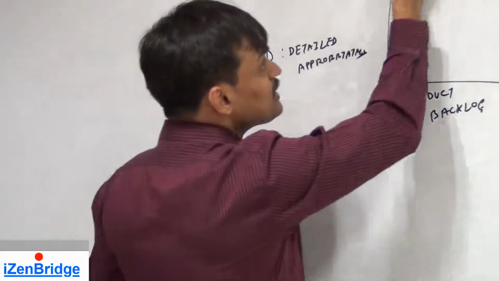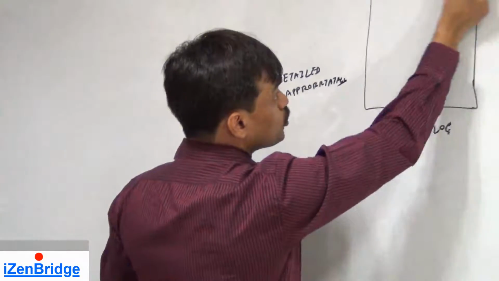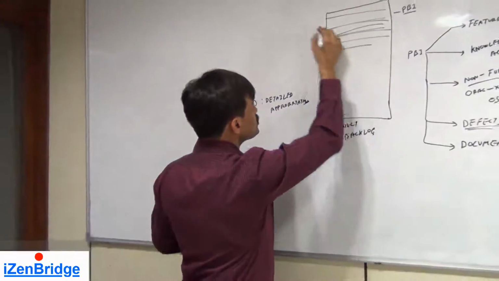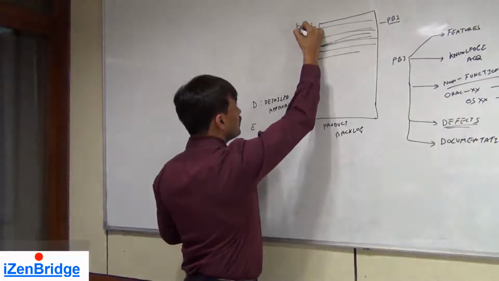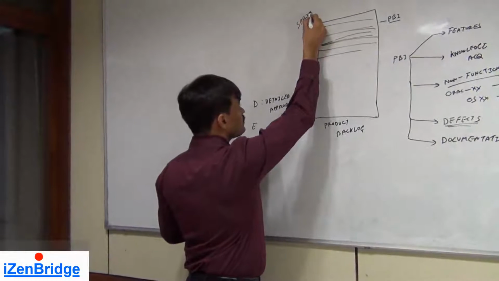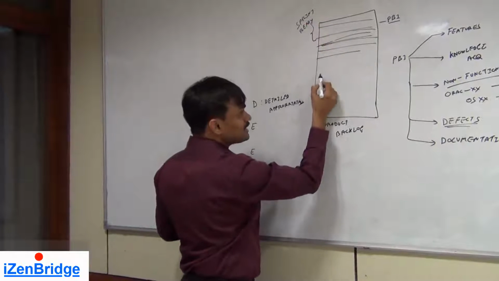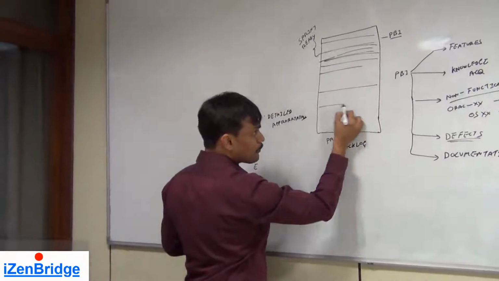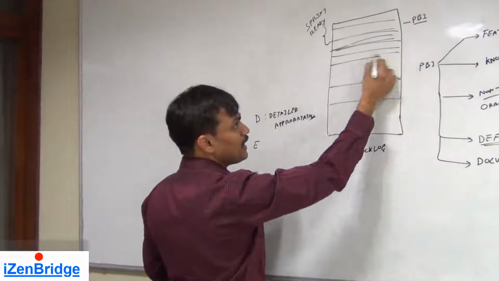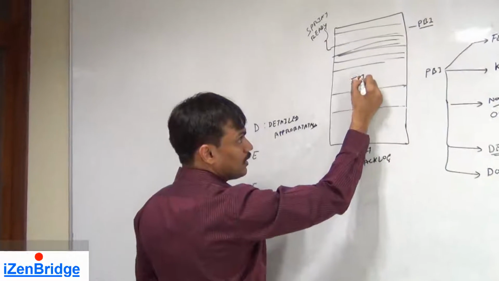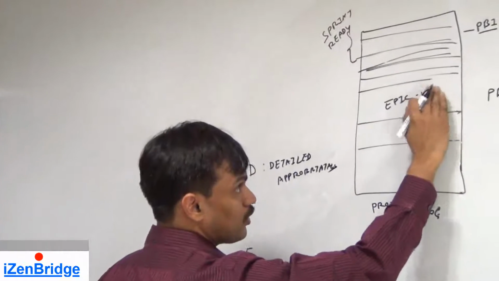Means the items which are coming on the top should be fine-grained. They should be sprint ready. The items which are coming at the lower priority can remain at epic level or a high level.